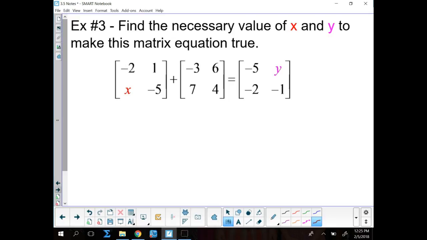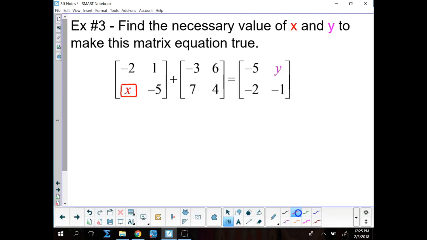So, mental note for these dimensions, we said that they were all the same. That's good. That means it's possible. That means we can find something. So, I'm looking at the fact that x is down here in this second row, first column.